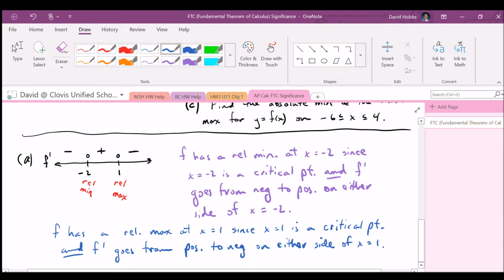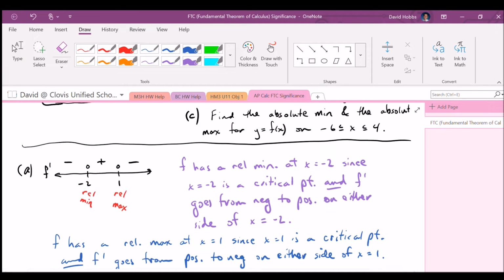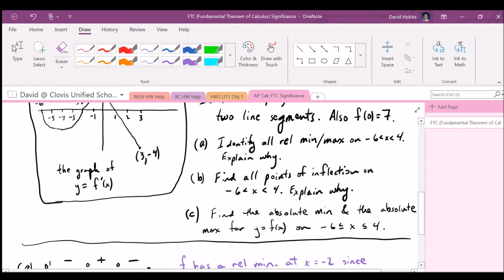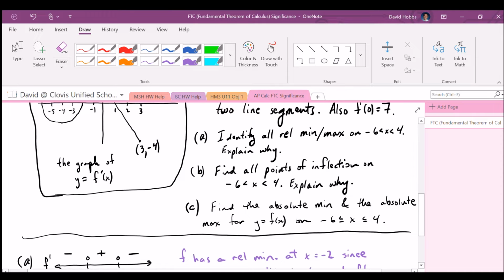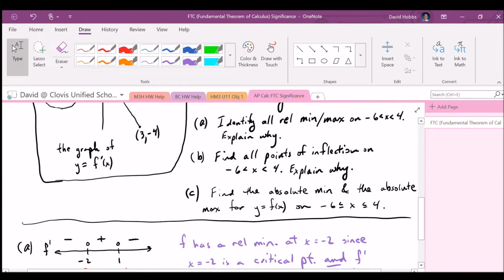Okay, so there's the relative minimum and relative maximum with the explanation.